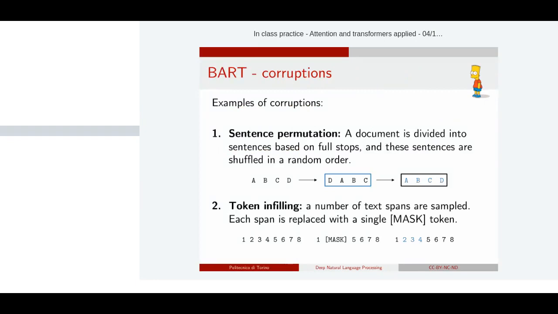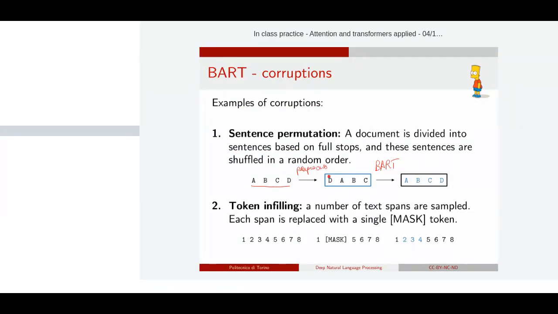The first corruption that I can apply is sentence permutation. The original document is always on the left, the output expected from the model is always on the right, and in the middle I have the input of the model. So BART is here, and this is a preprocessing operation.